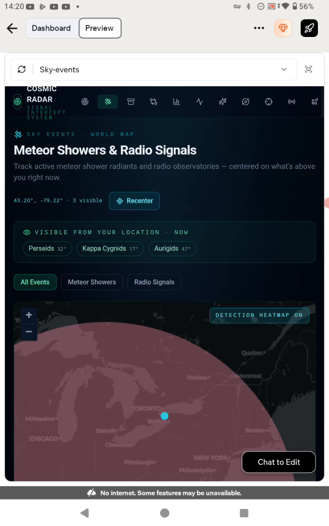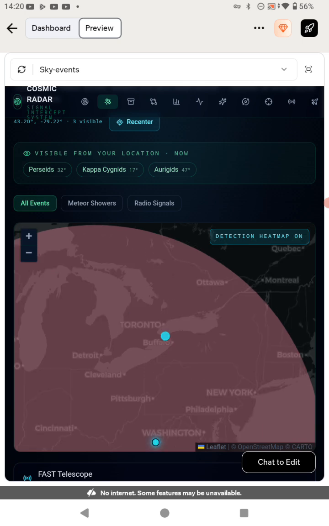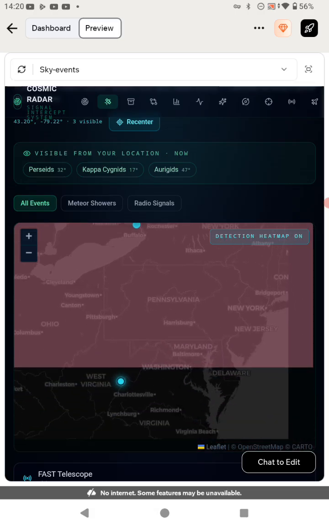I gotta, again, change that page to worldwide observatories. Now, if we go here, click on that one. Okay, come on. Oh, that's my location. Okay.